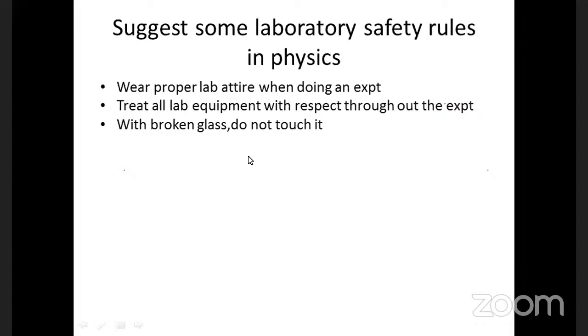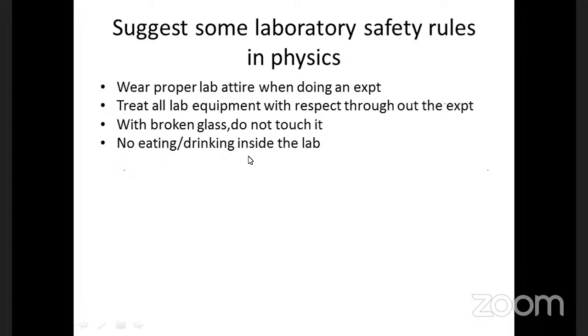The best thing you can do in this case is you report. Is that okay? You report in case there's a broken glass. You report to whoever is in charge, maybe the lab attendant or the teacher. So that is the best way.